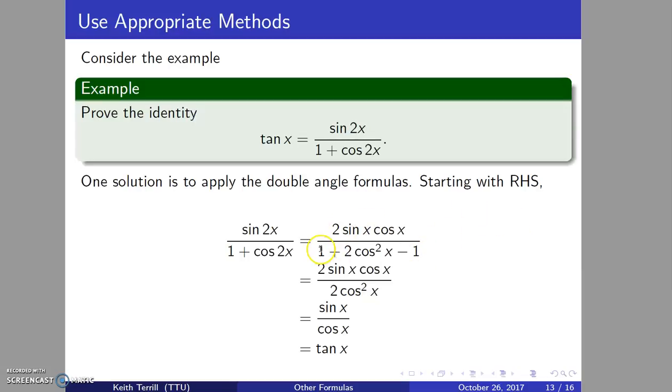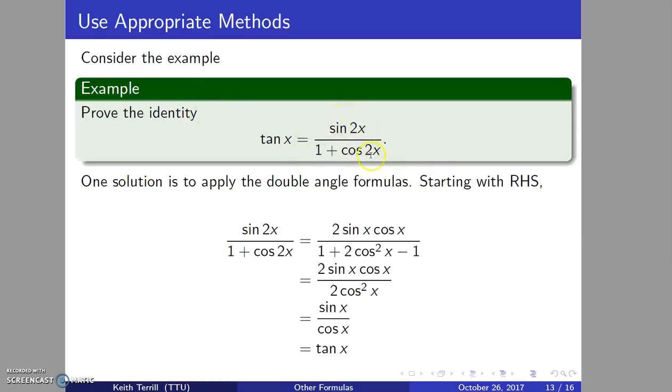The minus 1 and the plus 1 cancel. I've got 2 sine x cosine x over 2 cosine squared x. The 2's cancel, one of the cosines cancels, leaving sine over cosine, which is tangent. So that is something you could have done.